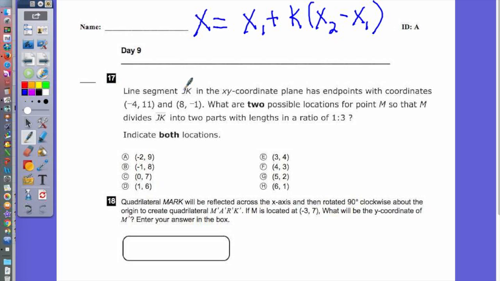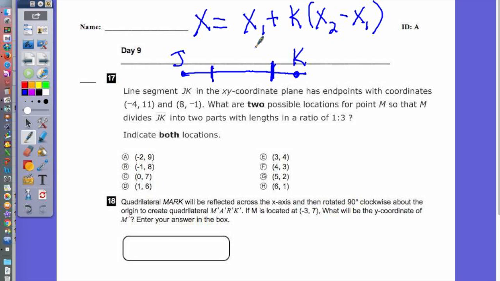So if they're saying line segment JK, we're imagining that we're on point J headed to K. I want to go basically 1/4 of the distance. When they say which ones would split it into the same ratio, well, if I started from K and went 1/4 of the way. So there's a few different ways you can do this.